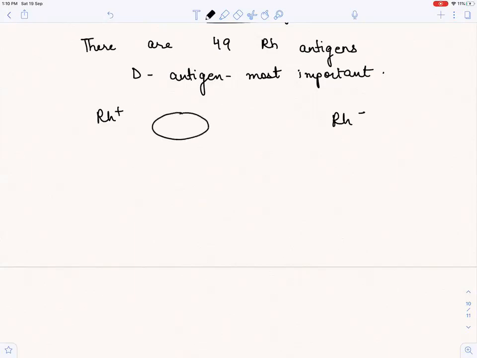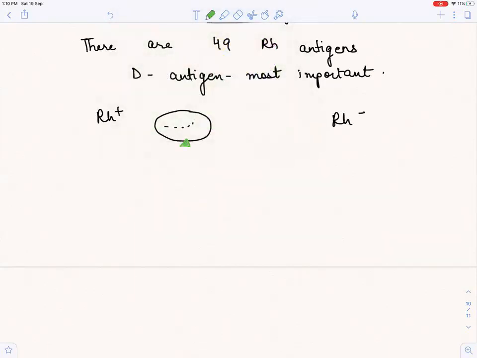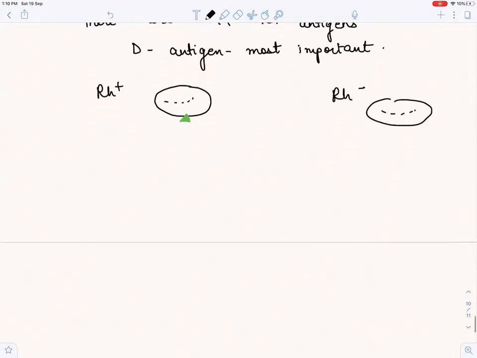So if this is the erythrocyte and this is the Rh antigen, that is Rh positive. And this is the erythrocyte and there is no D antigen. So this positive and negative is due to what? This is due to the presence or absence of antigen. And what antigen? D antigen generally.